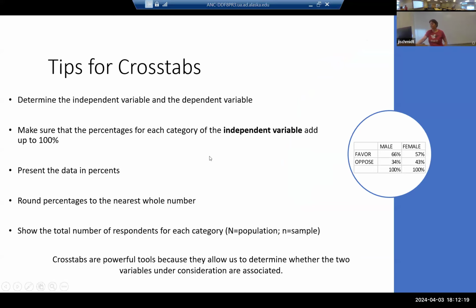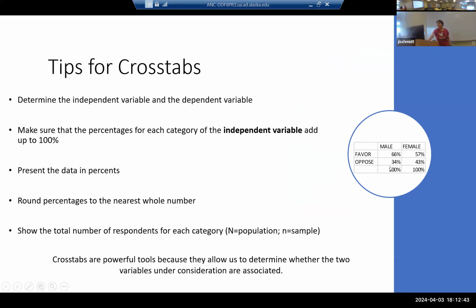Okay. So like I said, you gotta make sure that the percentages in the independent variable add to 100%. In this case, we're looking at whether gender influences favor or opposition of a certain rule, and so it totals 100% here.